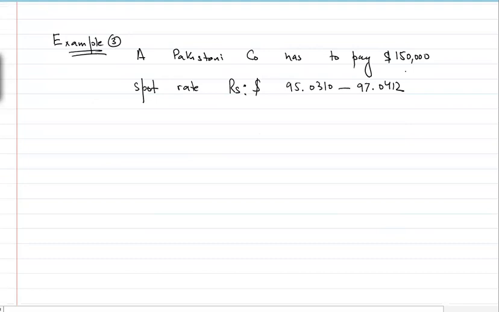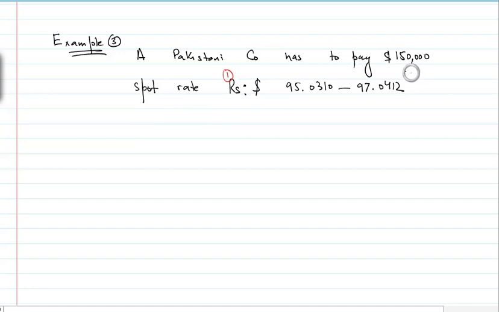Again, pause it and try it yourself first of all. A Pakistani company has to pay $150,000. Spot rate is rupees to dollars. Now we can see that rupees is the quote currency, right? So now you have to consider if you are selling rupees or buying rupees. Now, if the Pakistani company has to make a payment in dollars, what are we going to do?